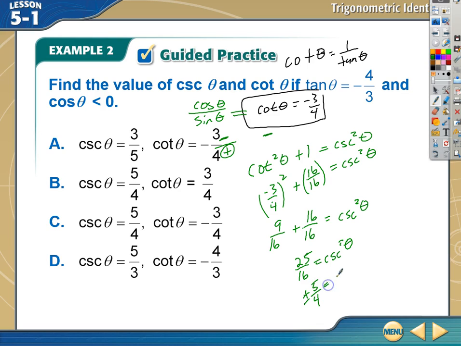Is equal to cosecant of theta. So now the question is it positive or is it negative? Well, remember, again, my reciprocal identity says that cosecant is 1 over sine of theta. And remember that conversation we just had earlier? Sine has got to be positive, so that means that cosecant's got to be positive. So that means it is just the positive version of 5/4. And there's my answer. All done.